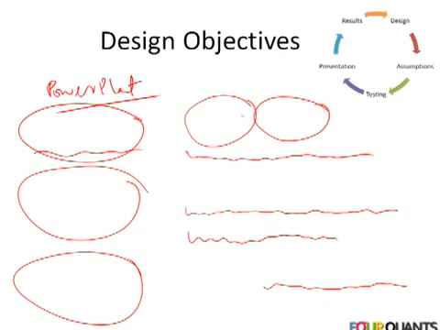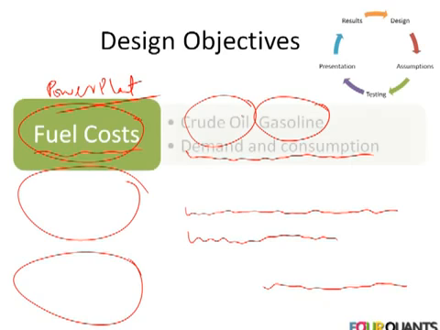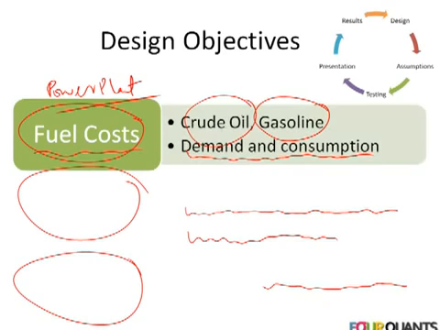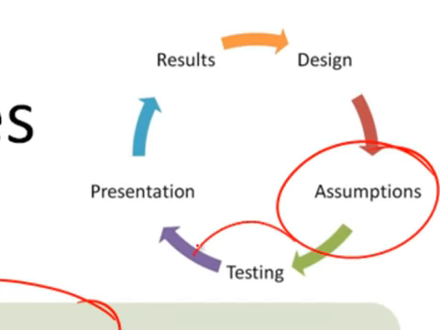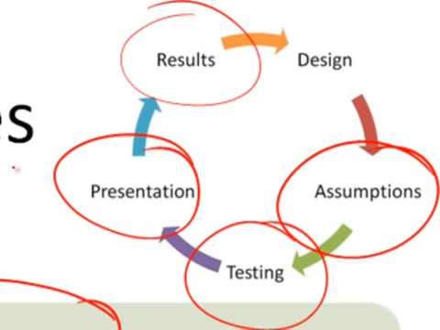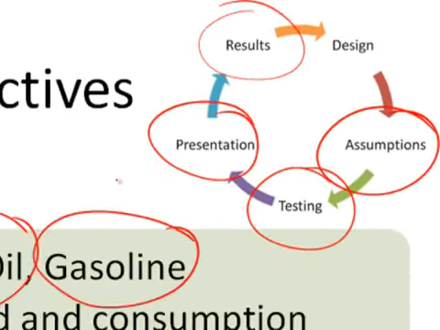But at a higher level, if I have a fuel cost model, I need to determine what my primary assumptions are, how these assumptions would be tested, what would be the format for presenting my results, and finally, what my results are and who these results are being presented to. So that's the fuel cost model.